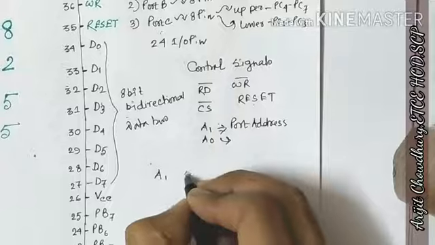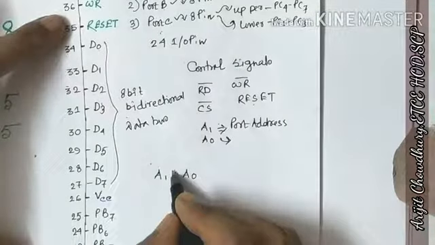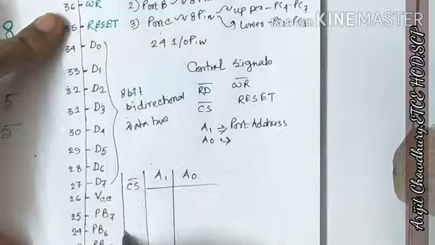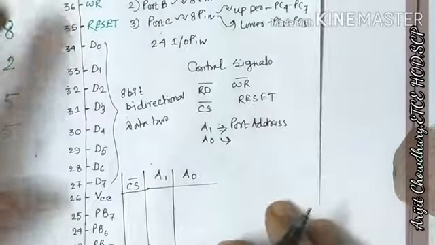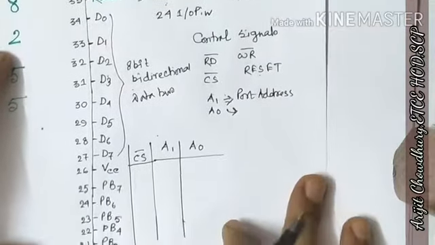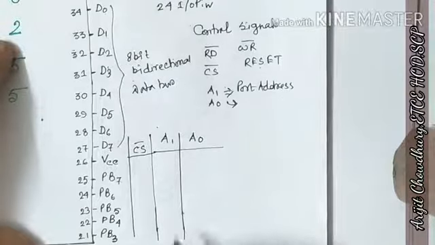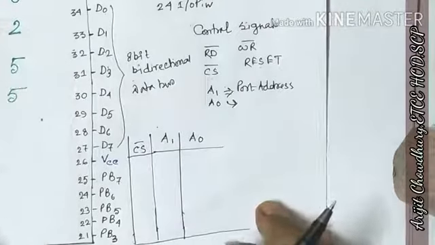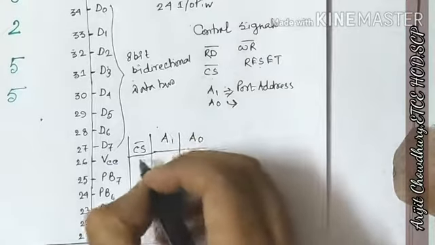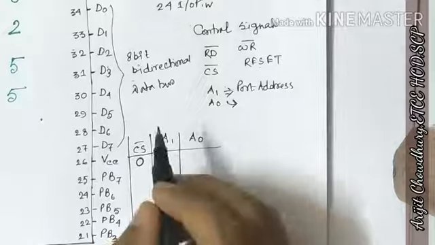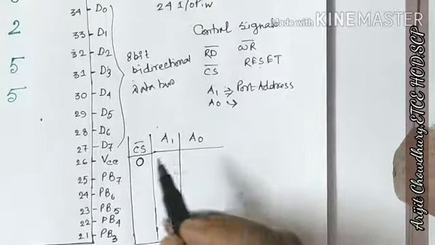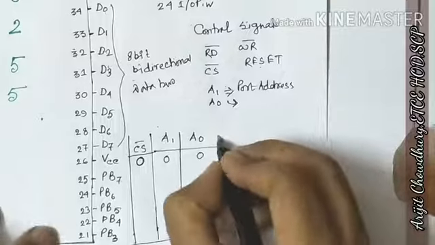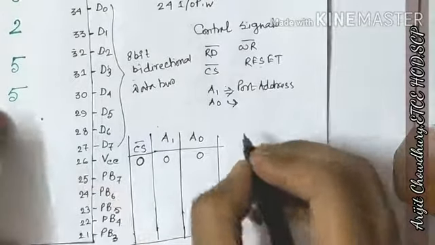Chip select is always kept at 0 when selecting the 8255 or PPI, the programmable peripheral interface device, because chip select is an active low signal, so we use logic 0.